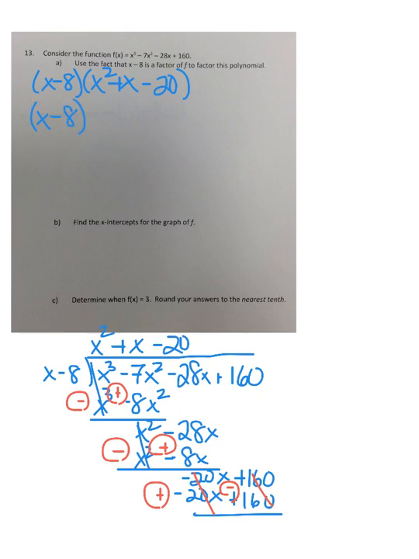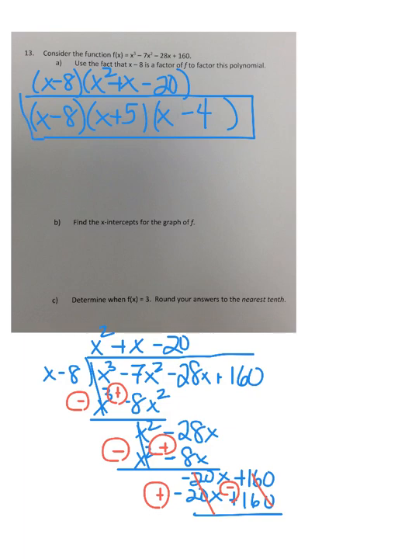So let me open up two sets of parentheses, and I want to figure out what multiplies to negative 20 that would add to a positive 1. Well, that would be a plus 5, and that would be x minus 4. Okay, so again, use the fact that x minus 8 is a factor of f to factor this polynomial. So here are the factors of f of x.